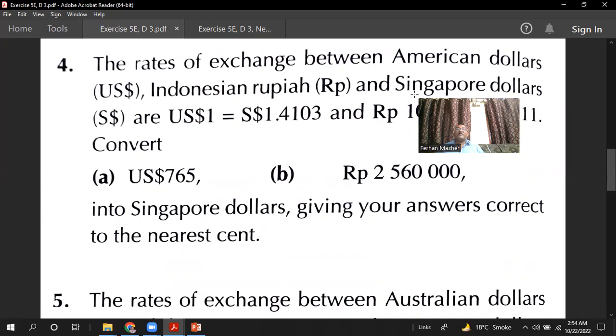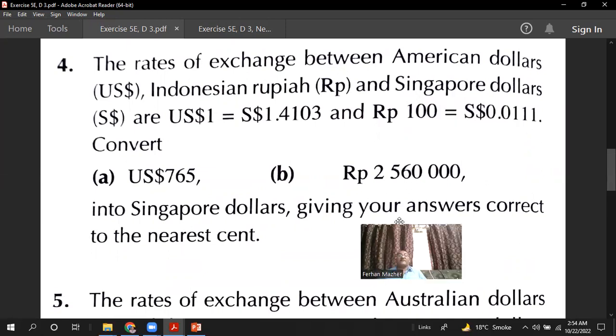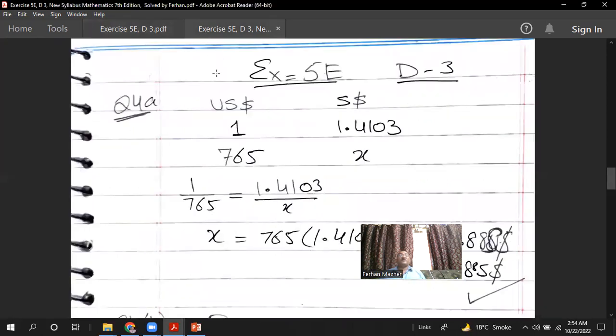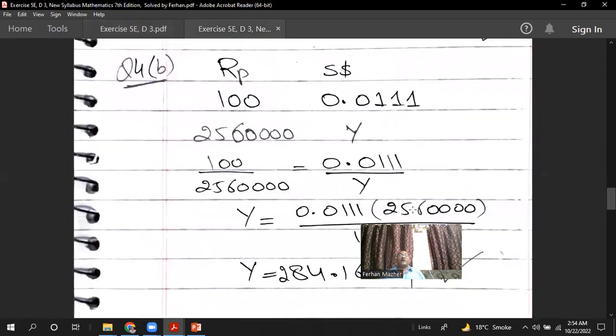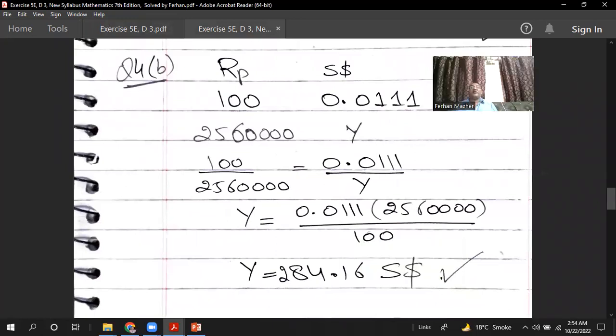The exchange rate is given. You can see the exchange rate now: 100 rupiah is equal to 0.0111 Singapore dollar. So that is the exchange rate which I'm going to use to convert the rupiah into Singapore dollars. So let me show you. That is question number 4, and it's B part, and it's showing up on your screen.